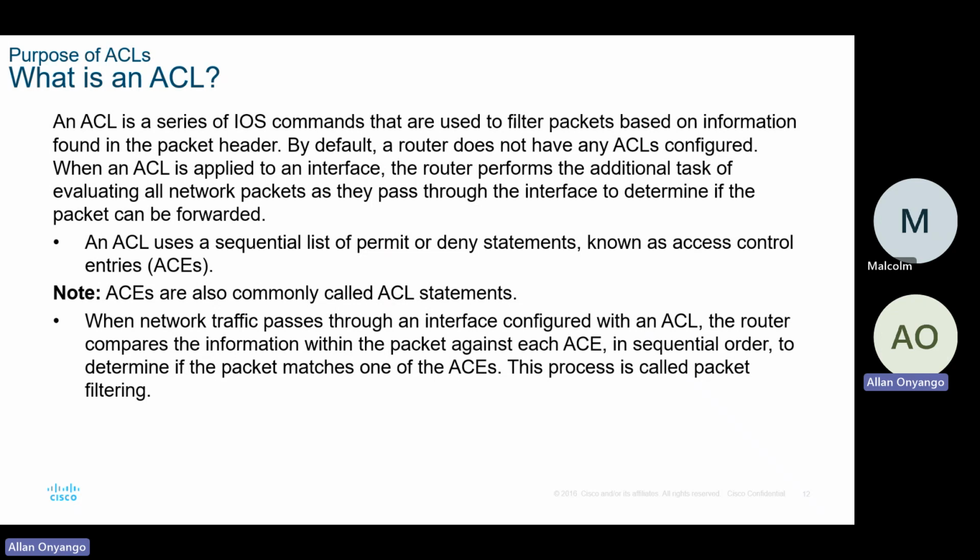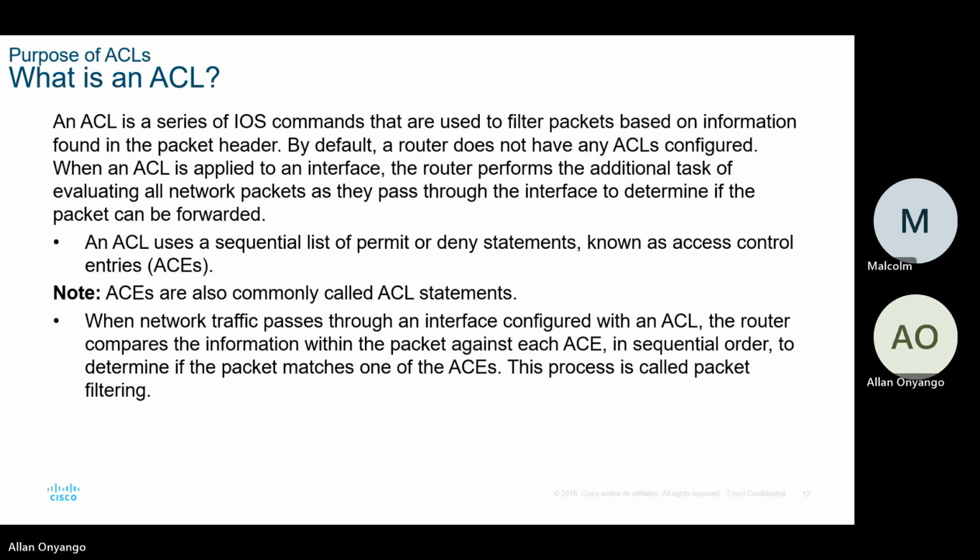By default, a router doesn't have any ACLs. Until you configure them and apply them on an interface, the router doesn't begin to filter packets. And the filtering is either the packet will be permitted or it will be denied. These statements are what we call the access control entries or access control list.